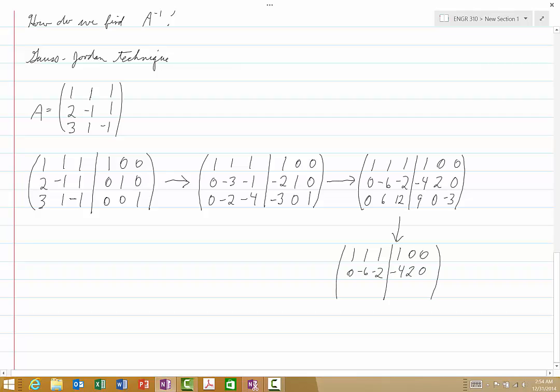And now we add the second row to the third row. 0 plus 0 is 0. Negative 6 and 6 is 0. Negative 2 and 12 is 10. Negative 4 and 9 is 5. 2 and 0 is 2. 0 and negative 3 is negative 3.